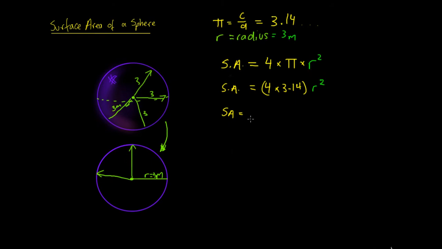We say the surface area is equal to 4 multiplied by pi multiplied by 3 meters squared.